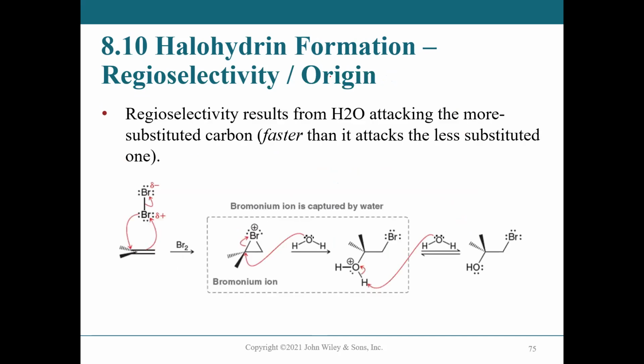So regioselectivity results from the water attacking the more substituted carbon, because the halide then attacks the less substituted one. You can see that we had the oxonium ion and it's being deprotonated by water.